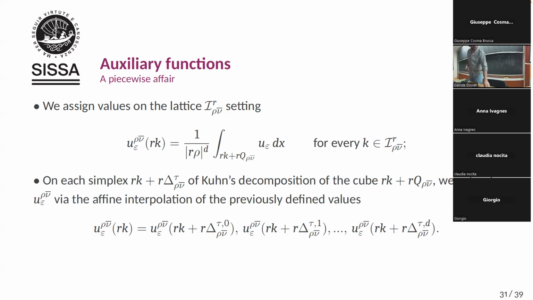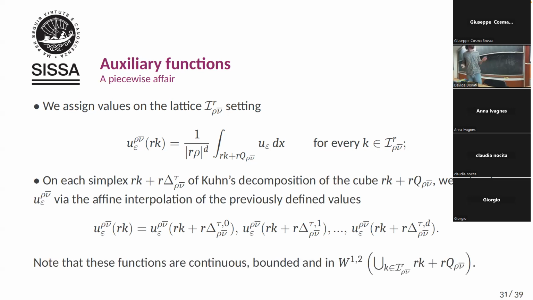If one looks at the construction, it's then clear that the functions are continuous. They are bounded. In addition, they are in W^{1,2} of the union of all the cubes which are well contained in omega. If you want to define it on the whole omega, you can set it to be 0 outside of the union of these cubes, but we are just going to consider it on the union of the cubes.